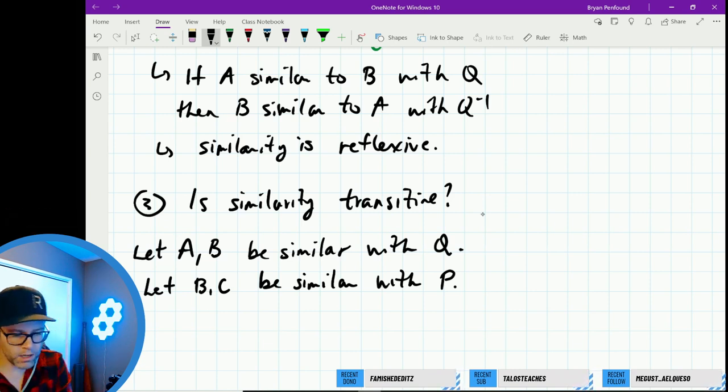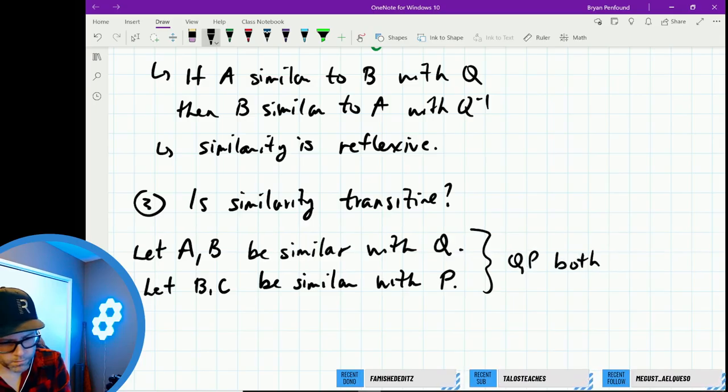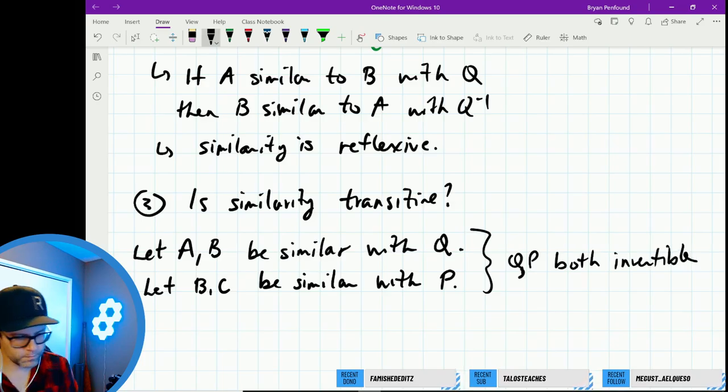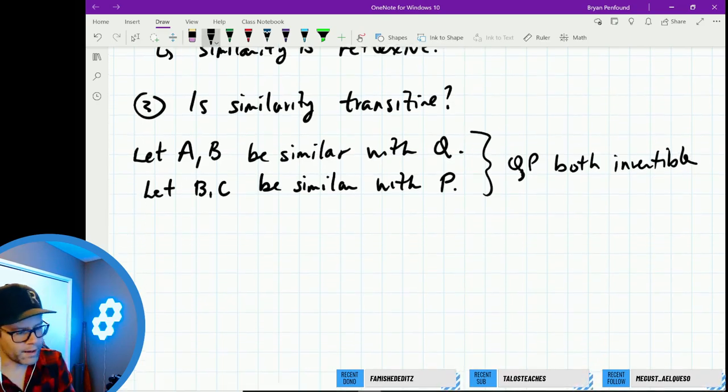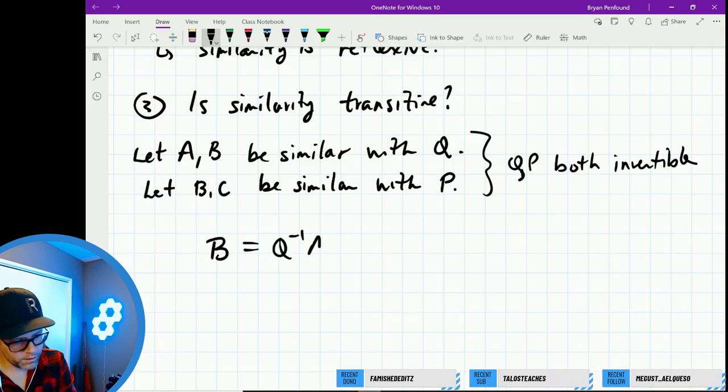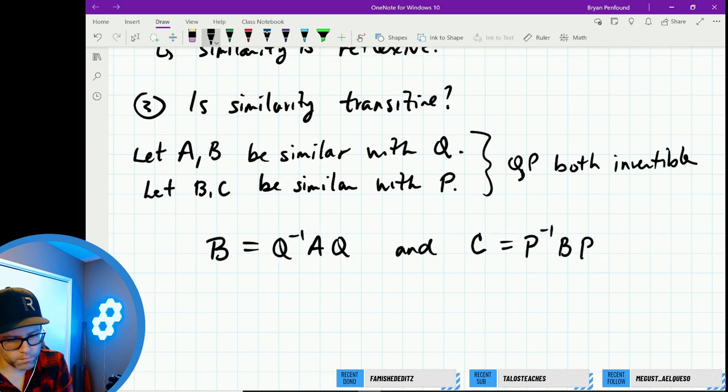So here, Q and P are both invertible. So what do we have? We have that B is equal to Q inverse AQ, and B and C are similar, so we have that C should be equivalent to P inverse BP.